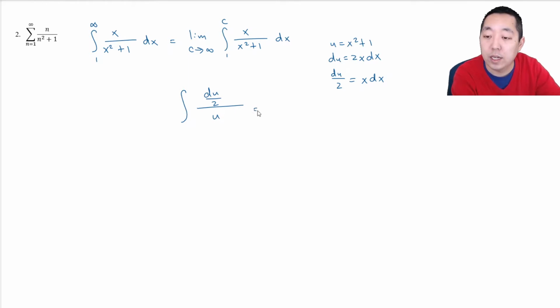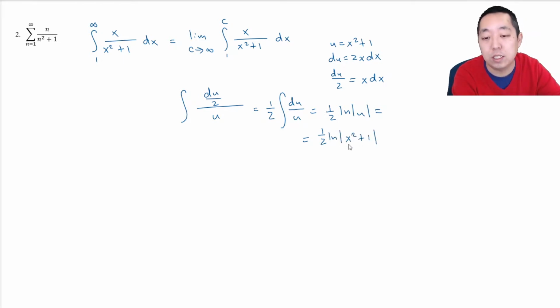And then I can bring out the 2 to make this 1/2 integral du over u. And that's 1/2 natural log absolute value of u. And finally, to replace u, it's 1/2 natural log of absolute value of x squared plus 1.